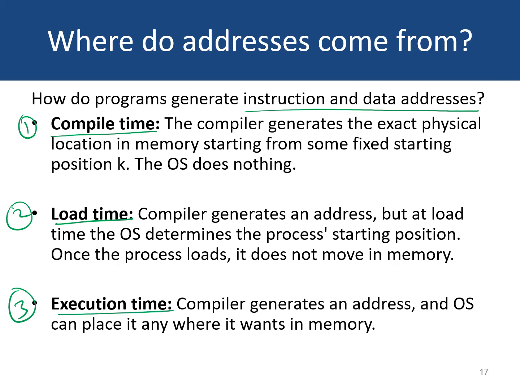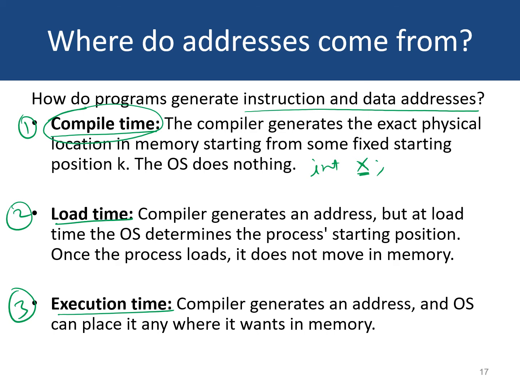Let's think about each of these in some more detail. When you are writing your programs, you're not really dealing with main memory addresses. You are dealing with variables and data structures. For example, you may have an integer x inside your program. Now this x represents a physical memory address. However, this memory address is hidden from you. You don't access that memory address directly.